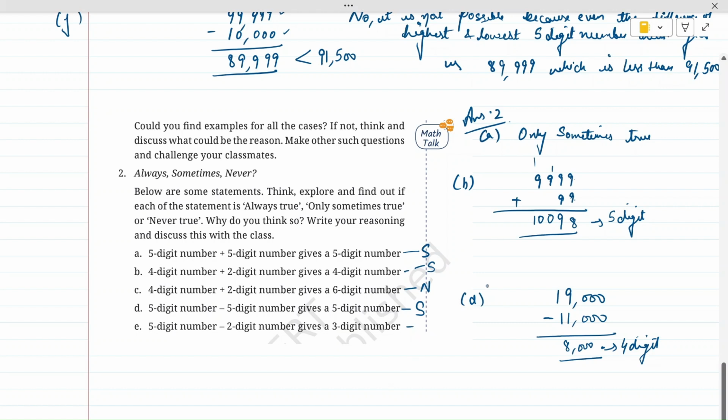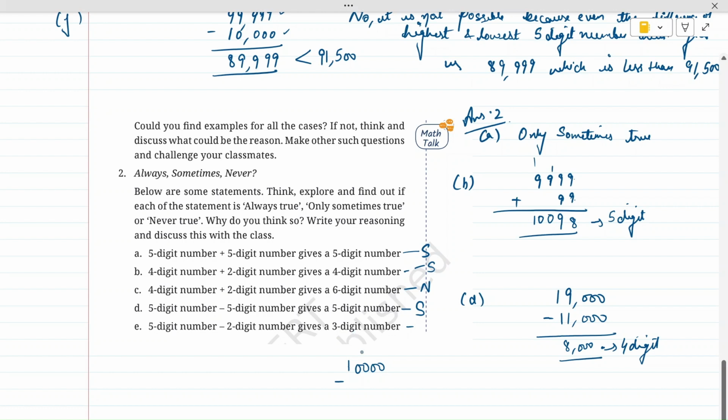Now the last part. It says a 5-digit number minus a 2-digit number can give us a 3-digit number. Is it possible that if I subtract a 2-digit number from a 5-digit number, I get a 3-digit number? Let's take the smallest 5-digit number, 10,000, and subtract a 2-digit number from this.